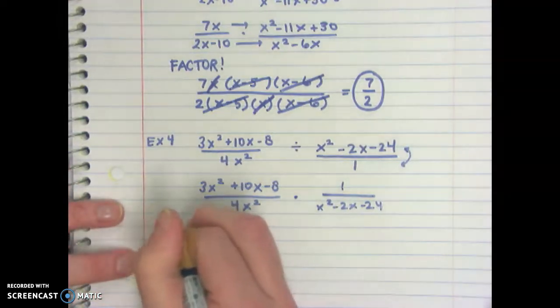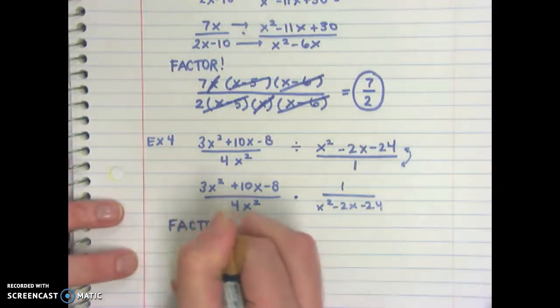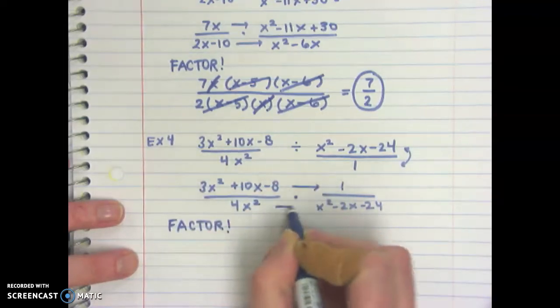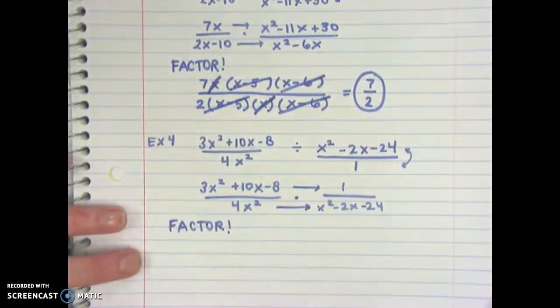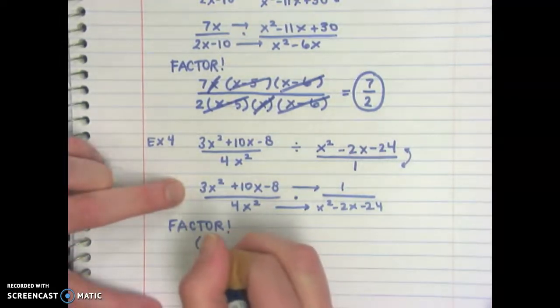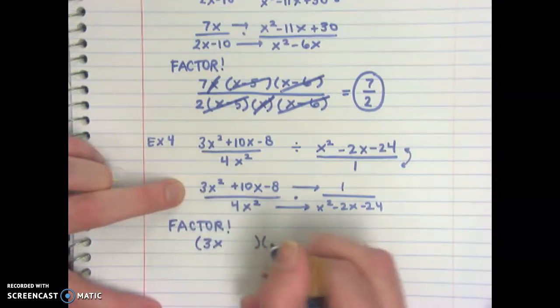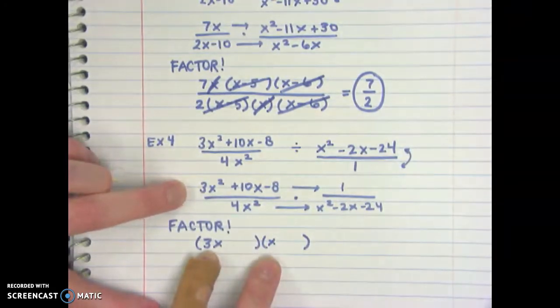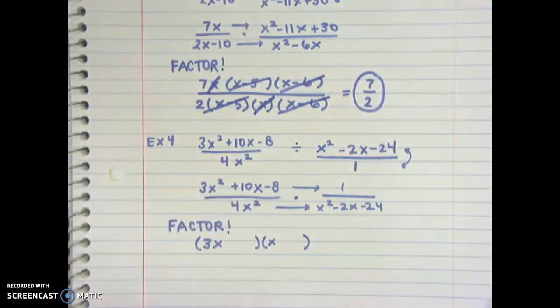Now I'll factor and multiply straight across in the same step. Because I have an a value that's not 1, my two factors are not going to start with x and x. I have 3x and x.